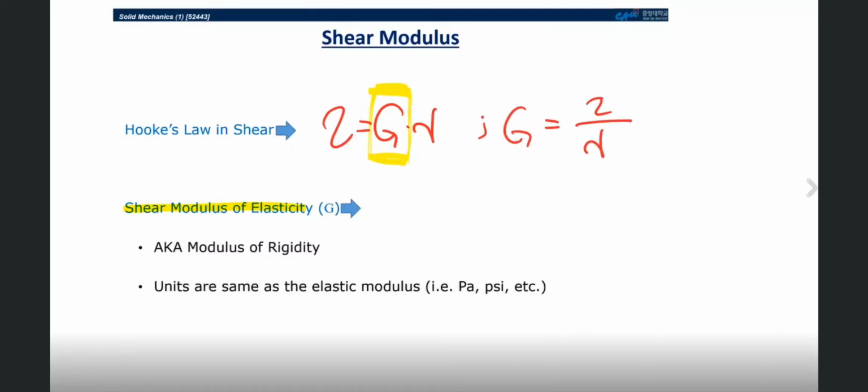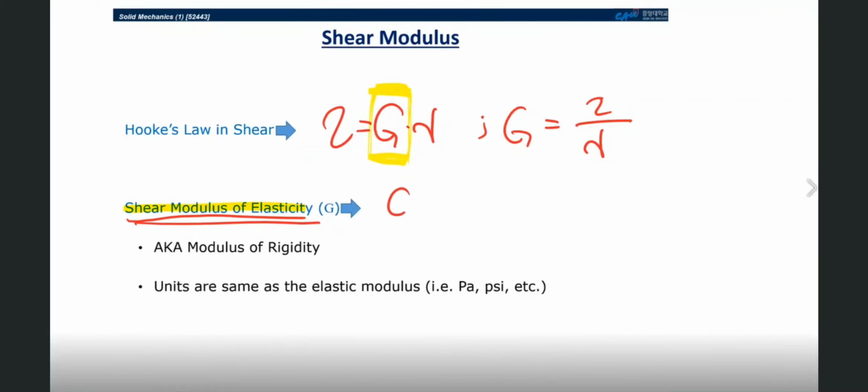And we already defined the relation between normal stress and normal strain using the elastic modulus E, which is sigma is equal to E epsilon, right? Then now using that elastic modulus, we can define this shear modulus of elasticity G.